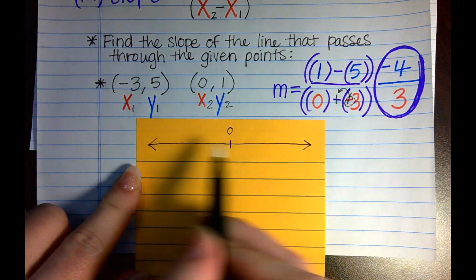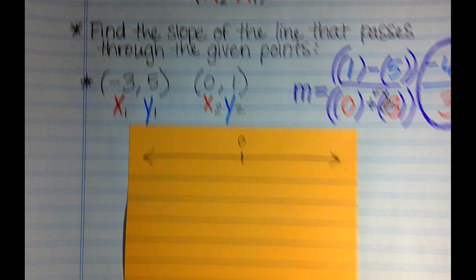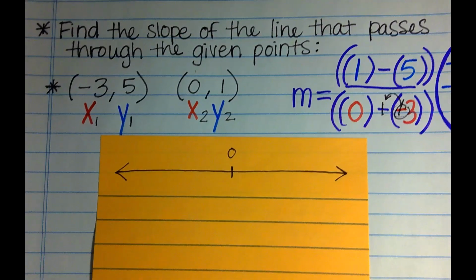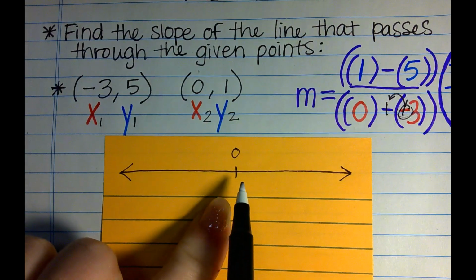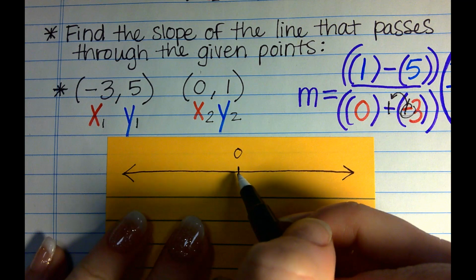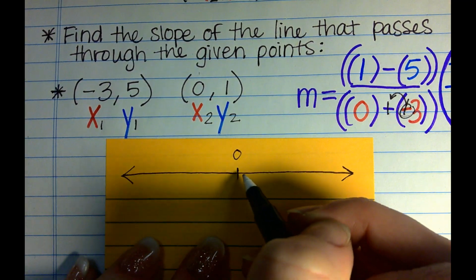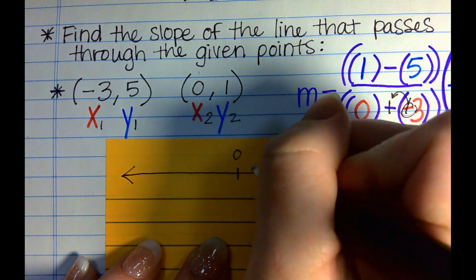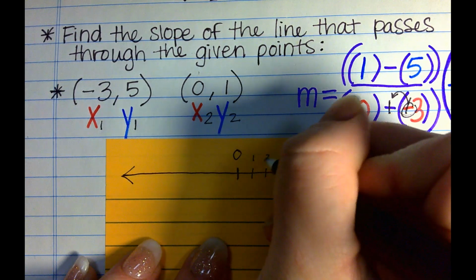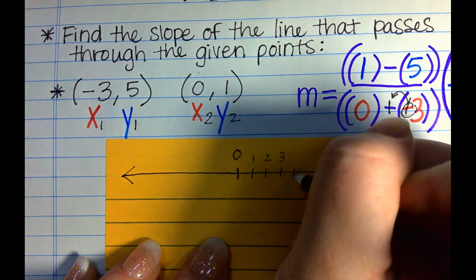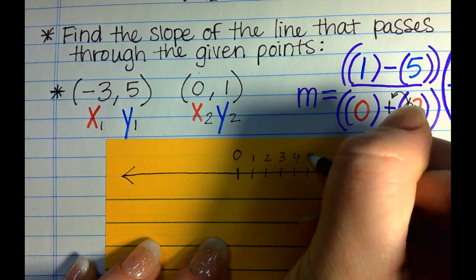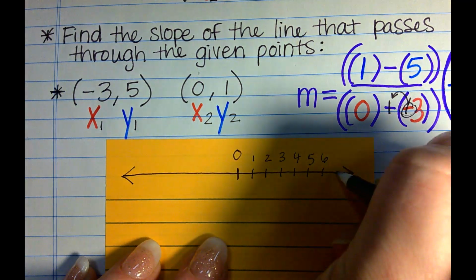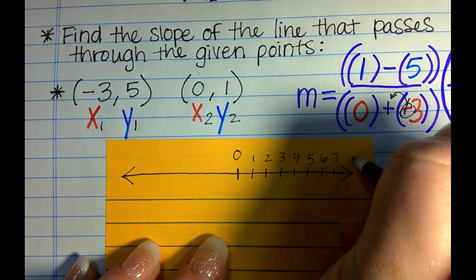So I'm going to start by drawing a number line. And I have 0 in the middle. On the right side of 0, do I have positives or negatives? Positives. So I'm just going to count 1, 2, 3, 4, 5, 6, 7, as many as I want to.